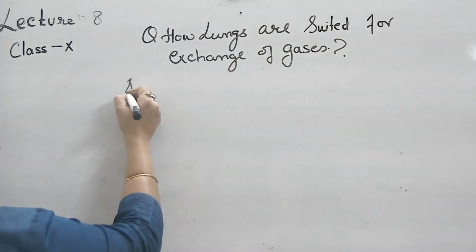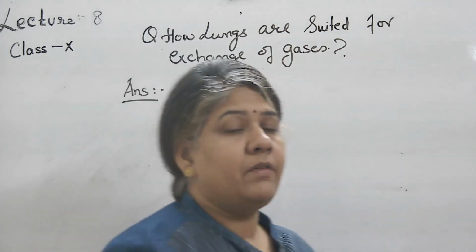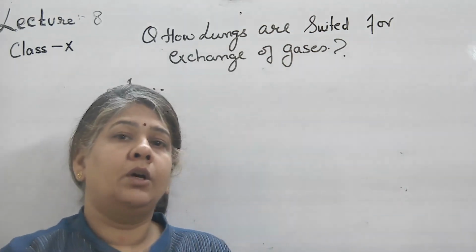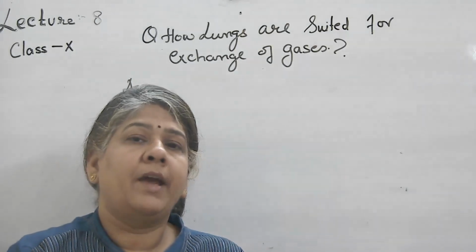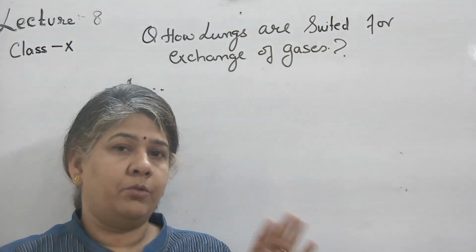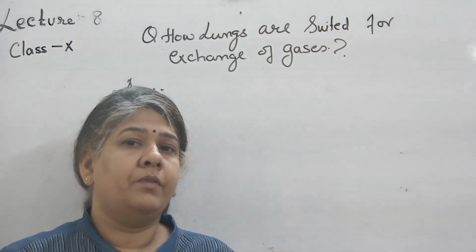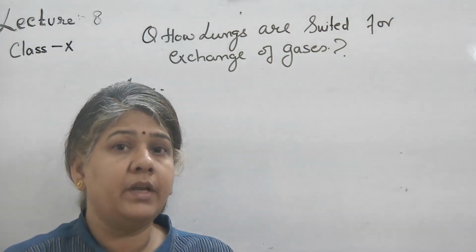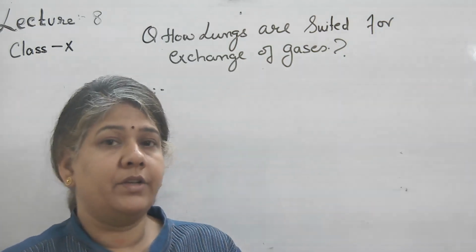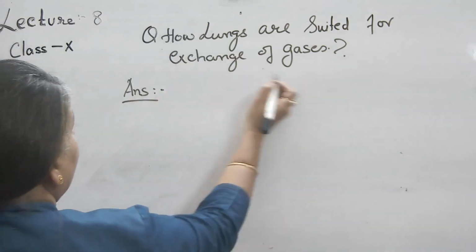Again, you can frame your answer from this information itself. Bronchi divides into bronchioles, and bronchioles have tiny sac-like structures which are richly supplied by blood capillaries, and the wall is also very fine and delicate for exchange of gases.